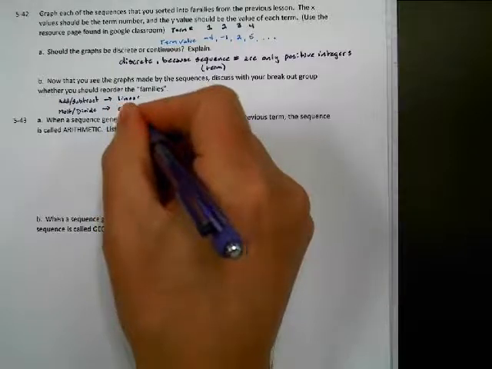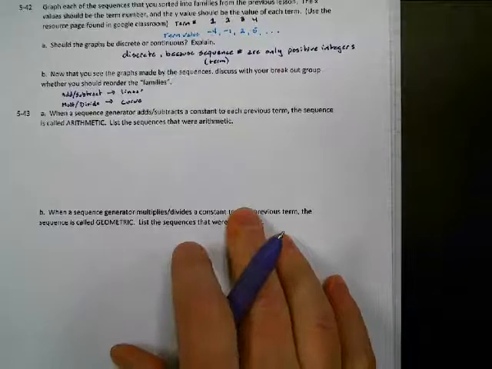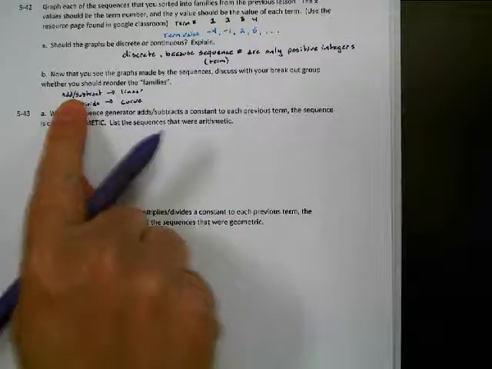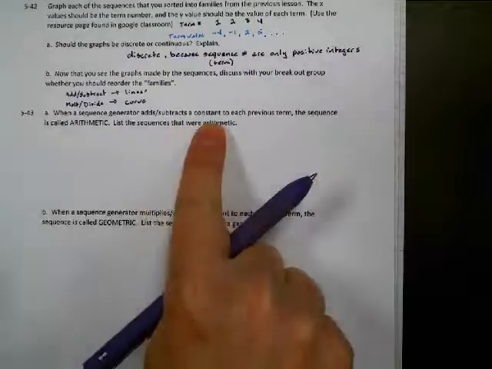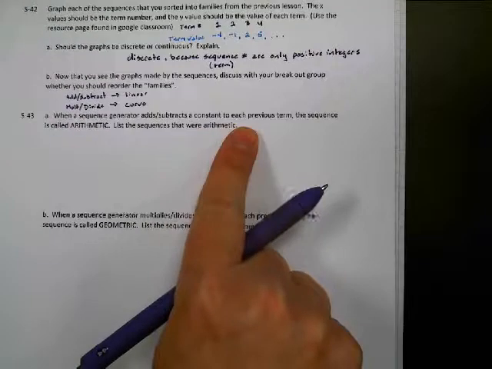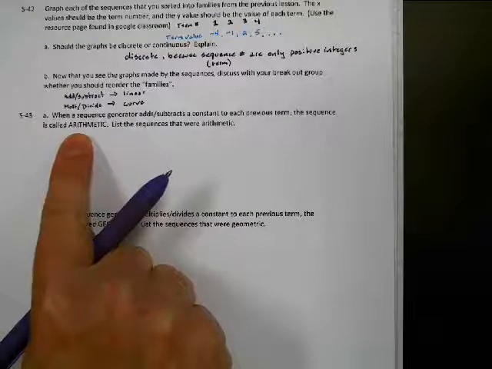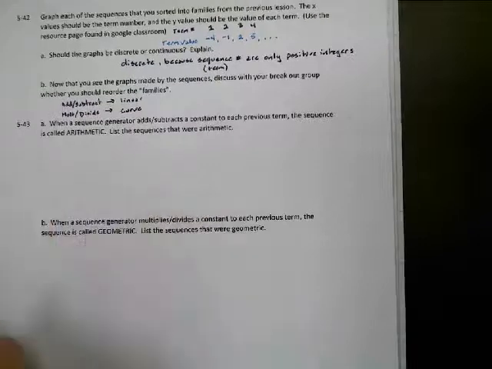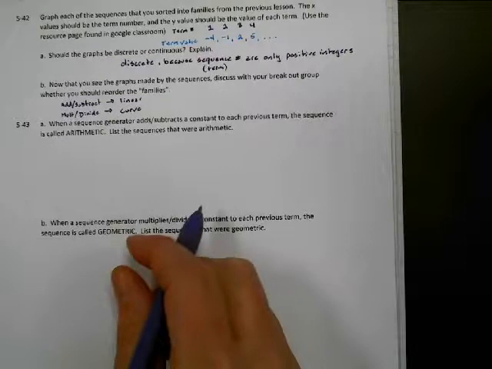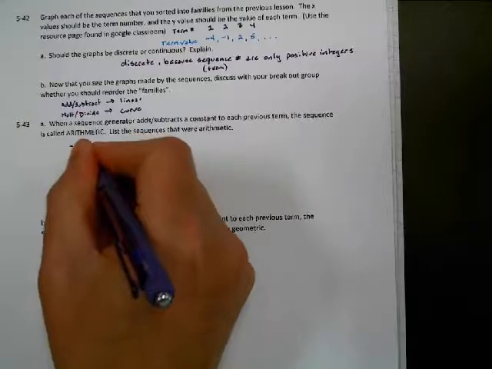All right, 5-43 says when a sequence generator adds or subtracts, so when it makes a line, and so when it adds or subtracts a number, so a constant, to each previous term, the sequence is called arithmetic. So any of these that were adding or subtracting each time are arithmetic sequences. So our arithmetic sequences were A, which was -4, -1, 2, 5.